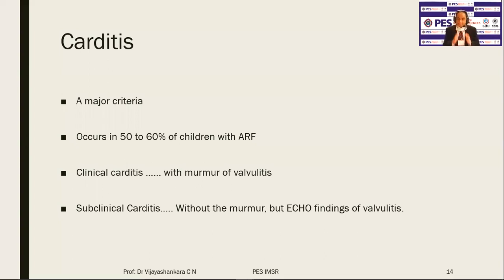So in any child where you are suspecting acute rheumatic fever, echocardiography becomes an important tool to identify the children with subclinical carditis so that you can make a definitive diagnosis of acute rheumatic fever and then prognosticate the long-term consequences.